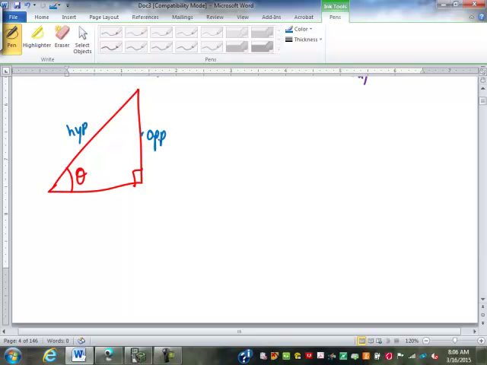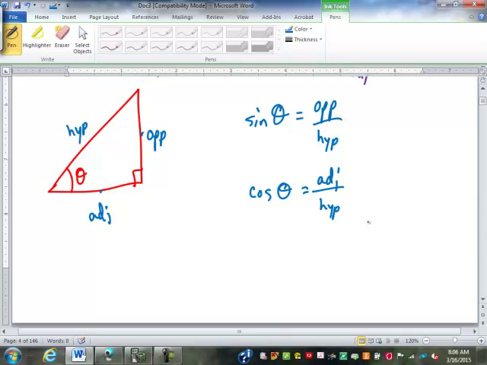The opposite leg. This is the adjacent leg. So the sine of that angle was defined to be the length of the opposite leg divided by the length of the hypotenuse. The cosine was defined to be the length of the adjacent over the length of the hypotenuse.